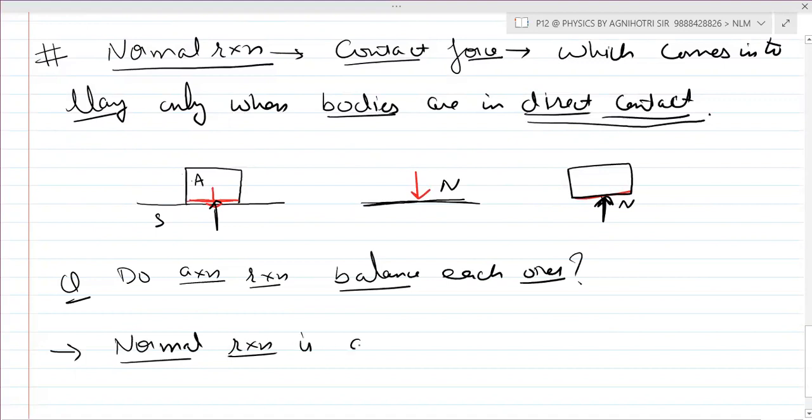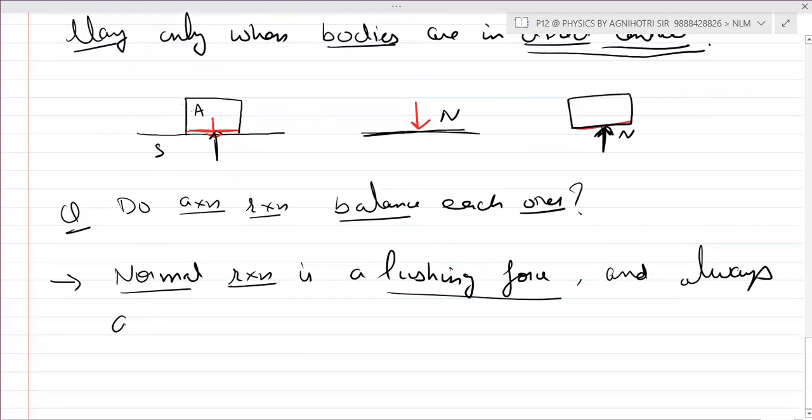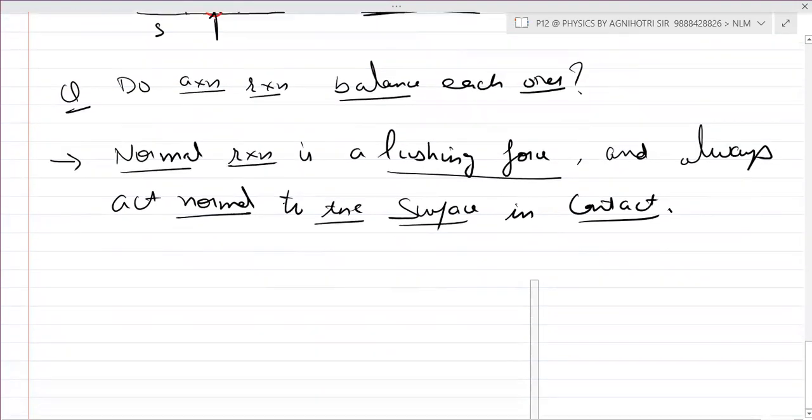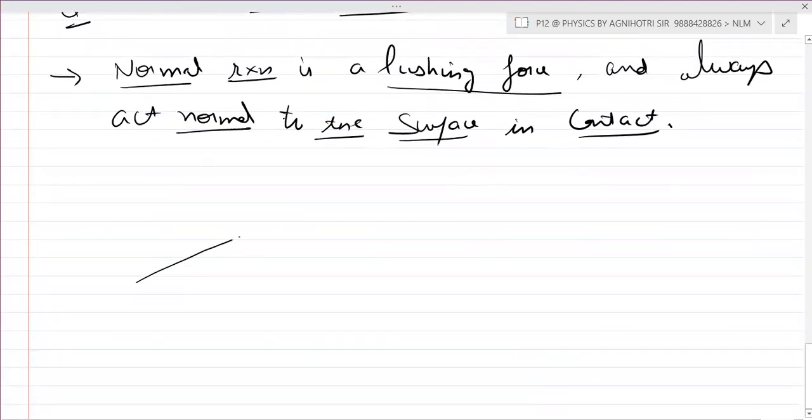Normal reaction is a pushing force and always acts normal to the surface in contact. Now let me give you a few examples so that you can understand this as well.